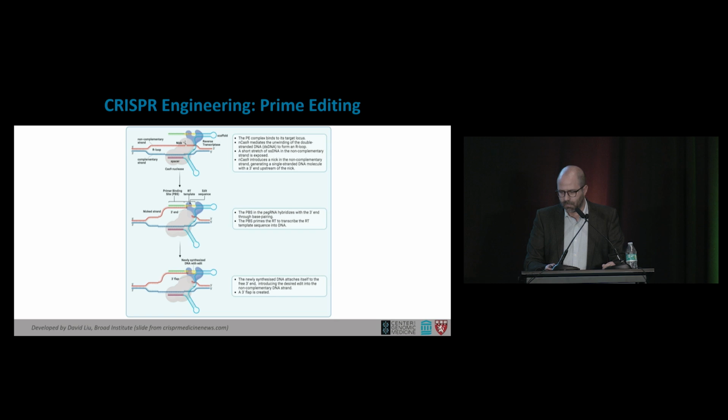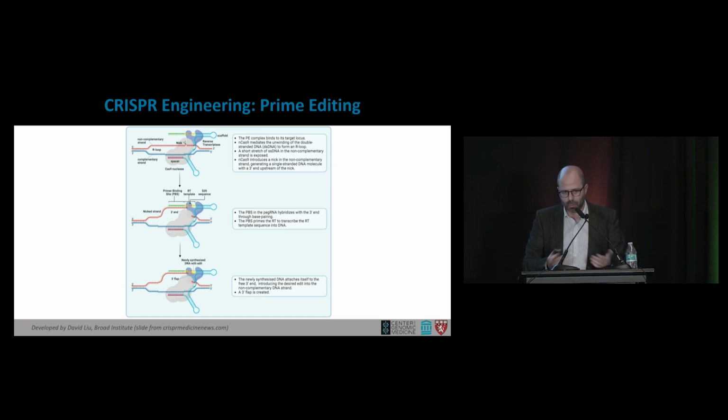Another engineering effort was to develop prime editing, also developed by David Liu. Here you fuse the Cas9 with a reverse transcriptase, and you use a guide that is a two-in-one. It not only guides, but it also has the sequence that you want to introduce.